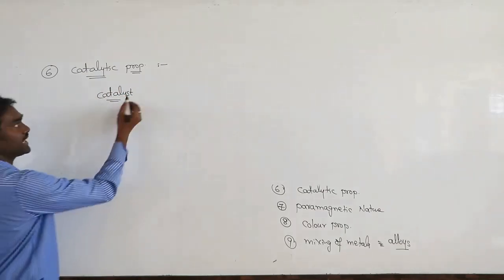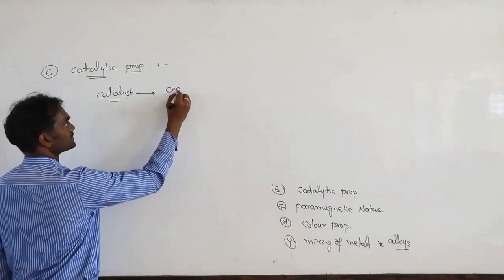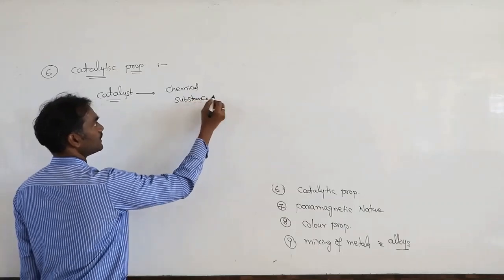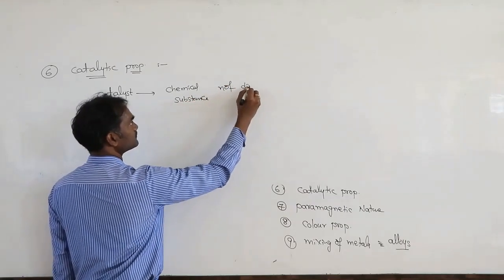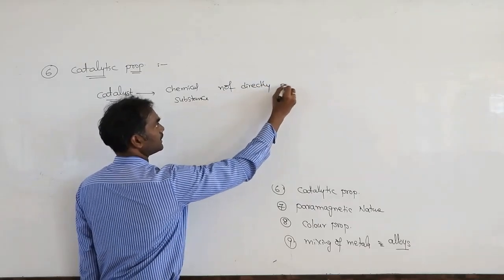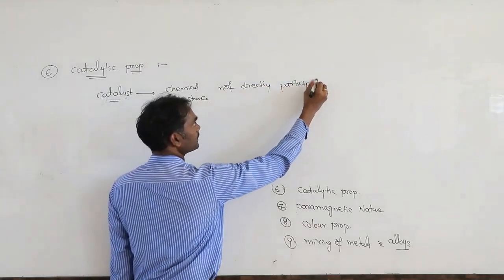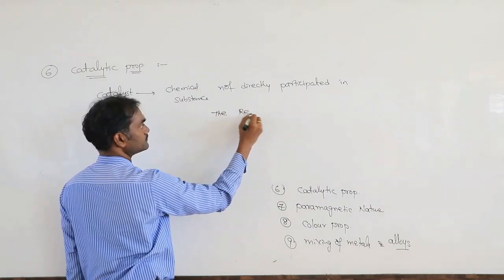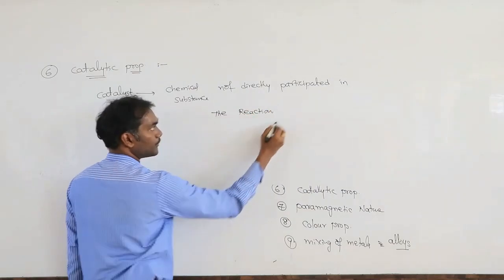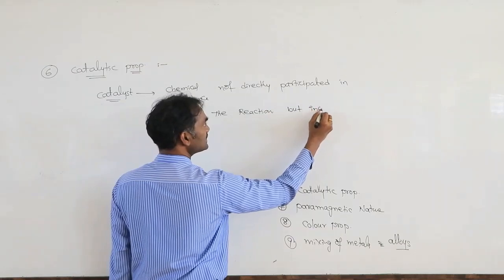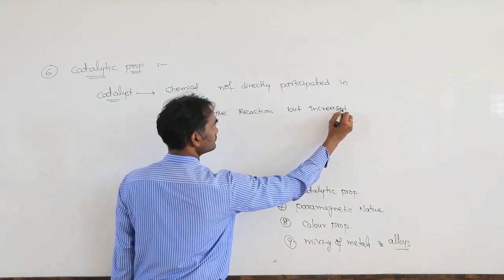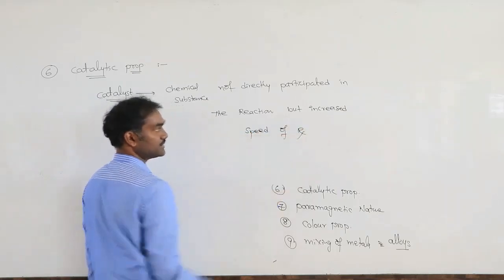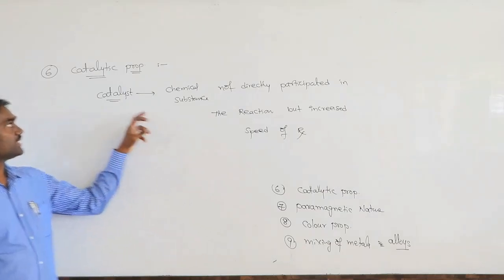A catalyst is a chemical substance that does not directly participate in the reaction, but increases the speed of the reaction. That you call a catalyst.